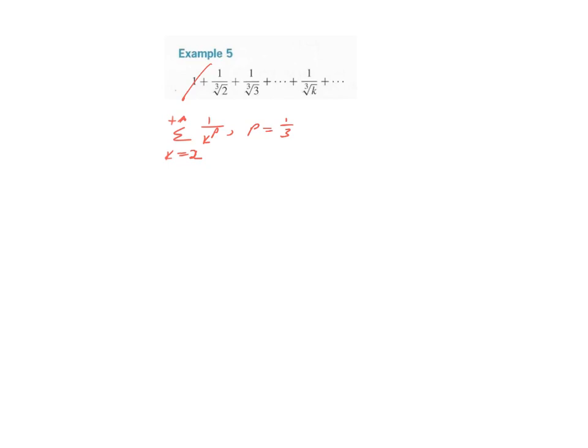Then I don't have to do any weird manipulation to address that first term. It's 1 over k to the p. P is 1/3. The smaller, proper fraction p-values are the divergent p-values. So, since 0 < p < 1, this series diverges.